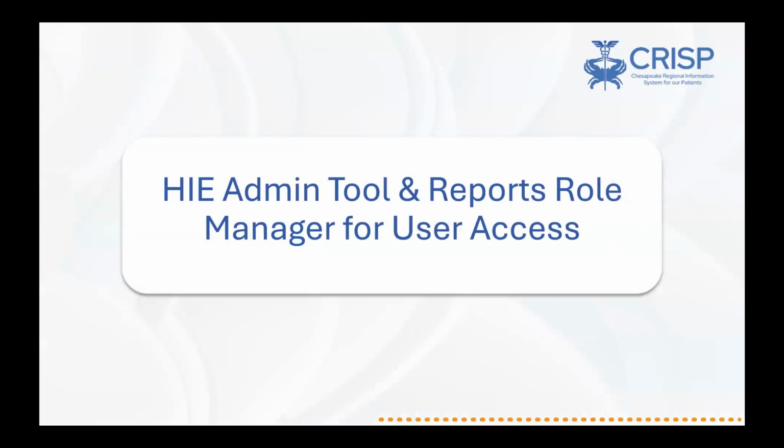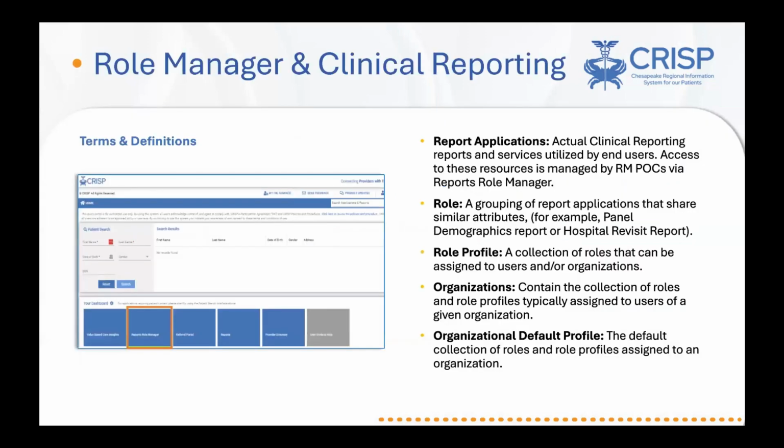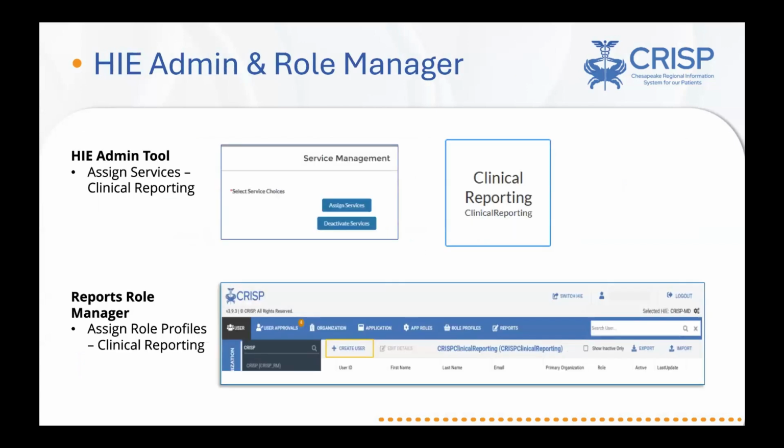So it is a two-step process to receive access. The clinical reporting application will need to be assigned using the HIE admin tool, and the second step will require the reports role manager POC to credential the reports.